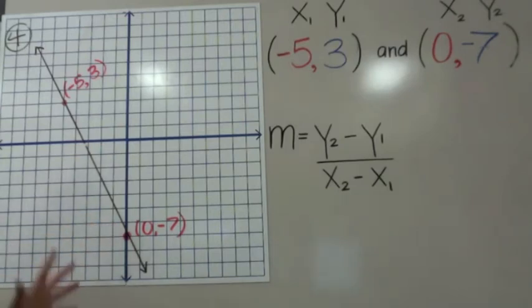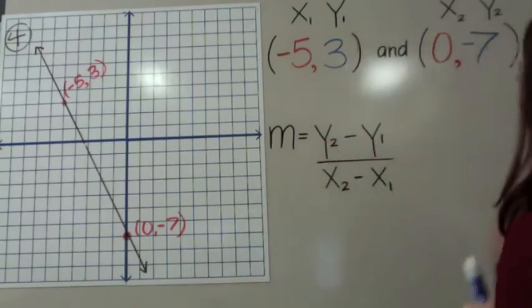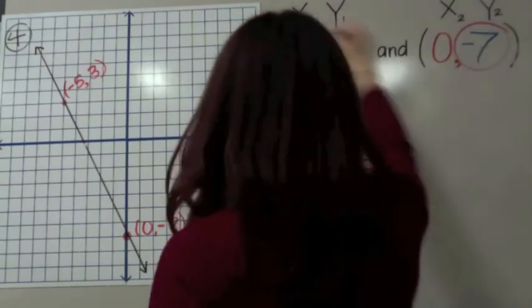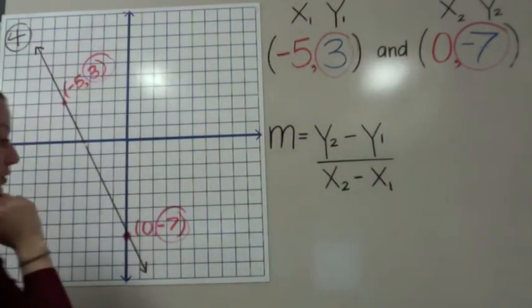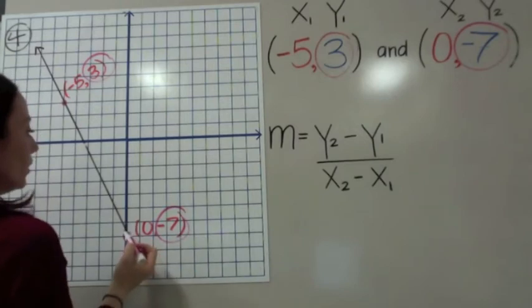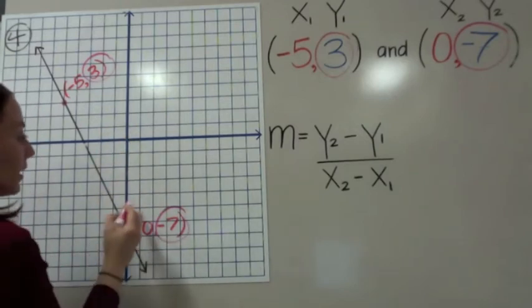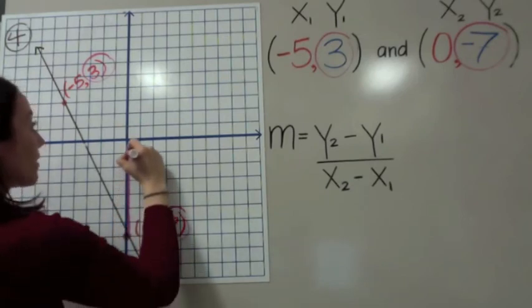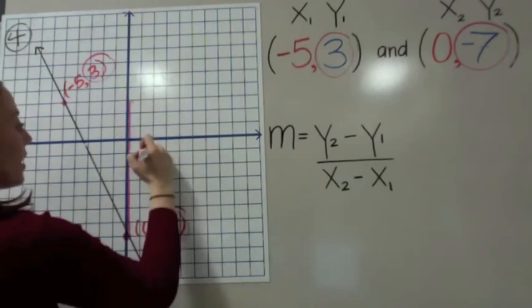So we are trying to figure out, all right, what is the change in y to get from negative 7 to 3, which is here, negative 7 and 3. Circle those. So there's negative 7 here, but really you're going up how many? You're going up 7 plus 3 more, it's 10, right?